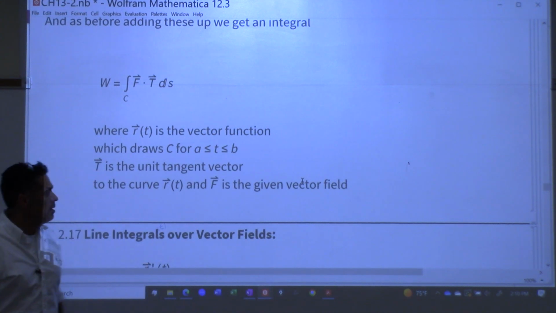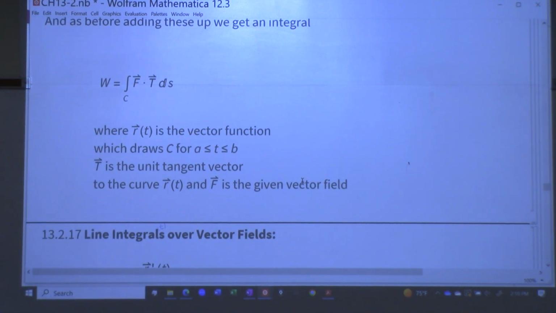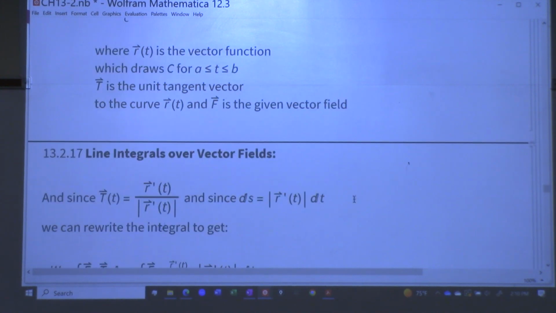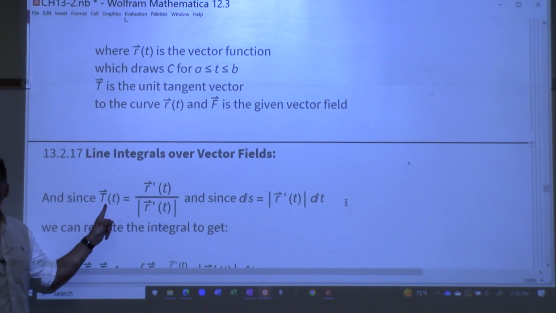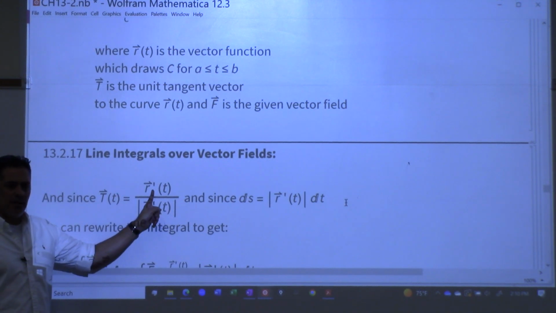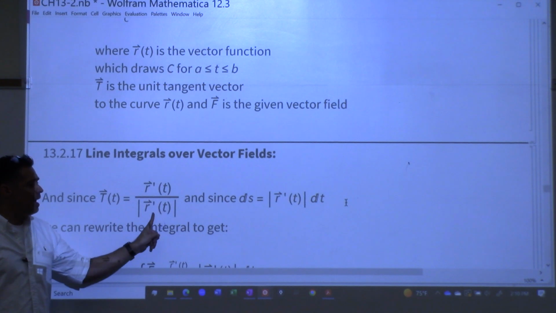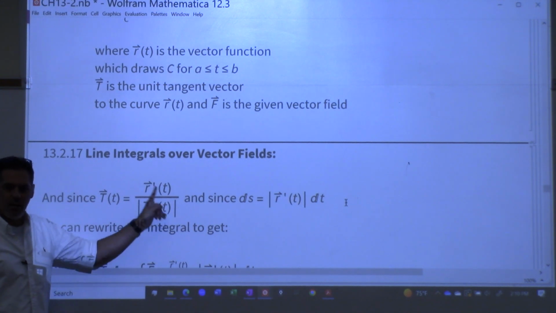Now what we're going to do is mess with this formula. Remember that in an earlier chapter, the unit tangent vector was defined to be the derivative of the vector function that draws the curve, divided by its own length. That's a definition we had a long time ago.